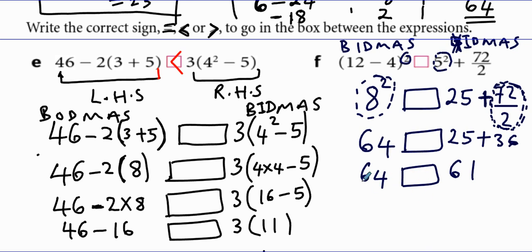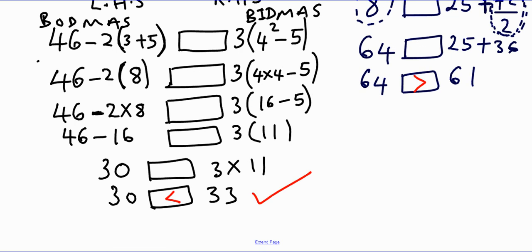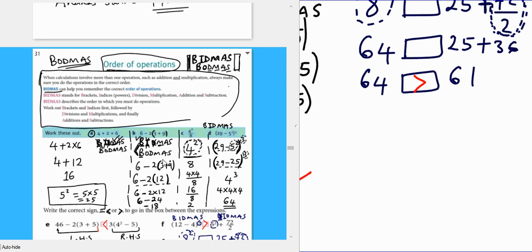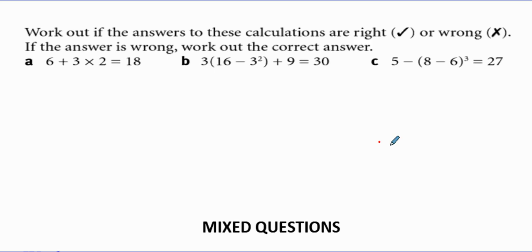But instead you will say 64 is greater than 61. And here the symbol which you're going to keep is greater than. I hope now you have an idea of what we mean by BODMAS and what we mean by BEDMAS. So I hope you will not get confused.